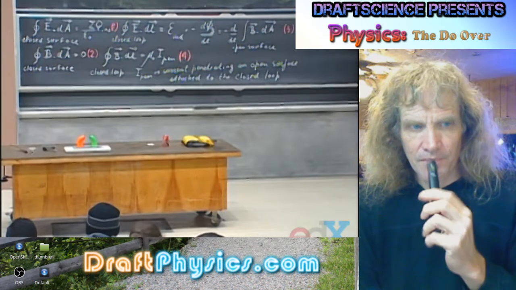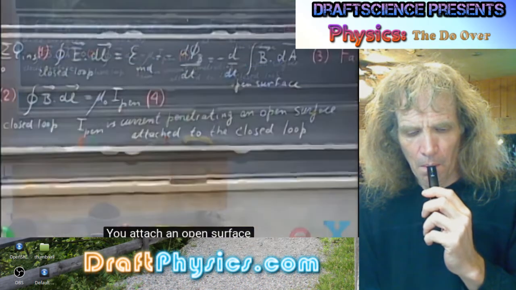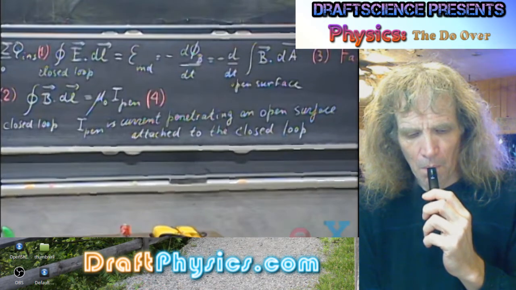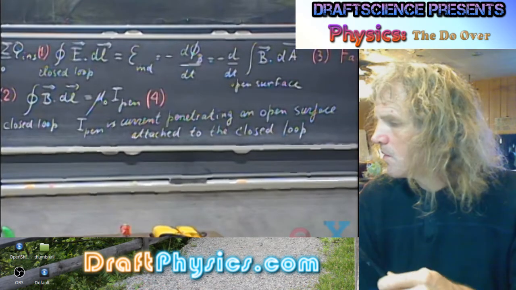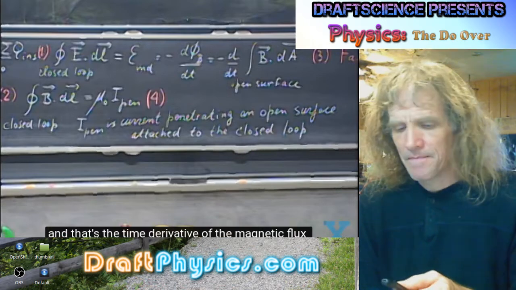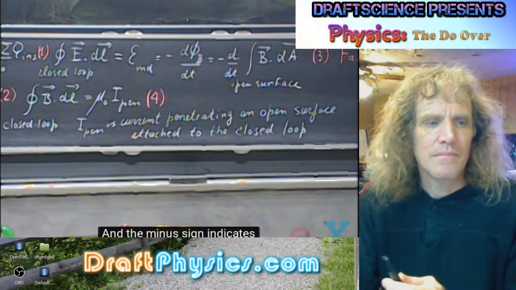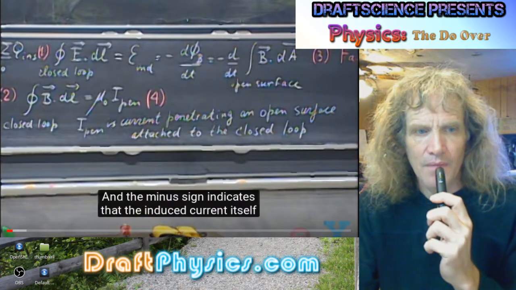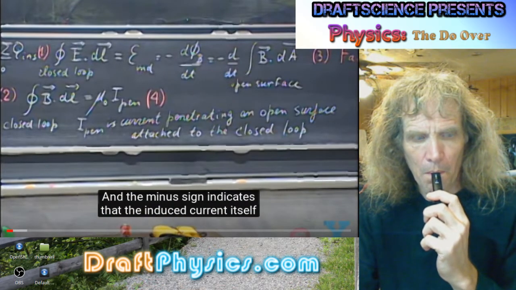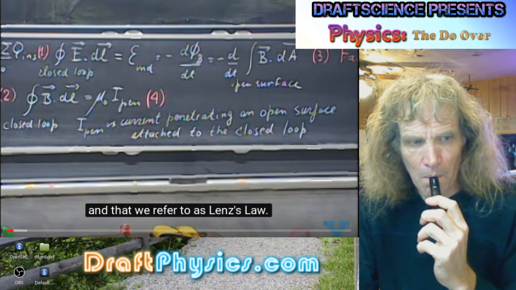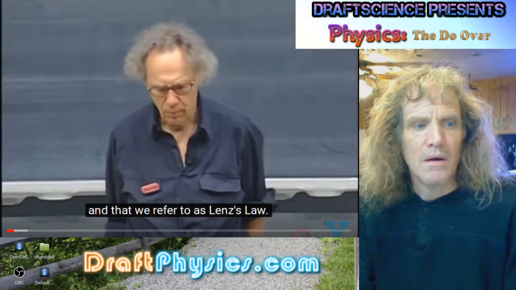Any loop is okay. You attach an open surface to that closed loop. Any open surface is okay. And you then get an EMF in the loop, and that's the time derivative of the magnetic flux through that surface. And the minus sign indicates that the induced current itself produces a magnetic flux that opposes the flux change, and that we refer to as Lenz's law.